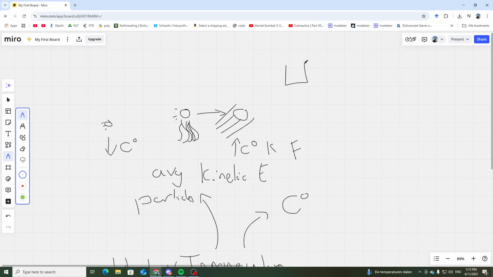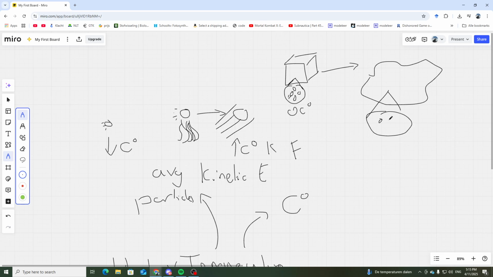So if you have a little ice cube that you just took out of the freezer, you know that the particles inside of this are moving very slowly because what? They have around 0 degrees Celsius. If we then let that turn into a puddle of water, these molecules in it now are hotter, and so they are moving more quickly around the place. And that means that it's hotter.